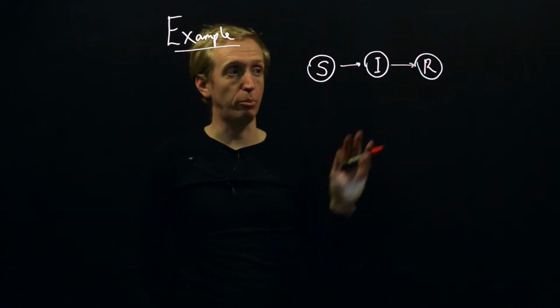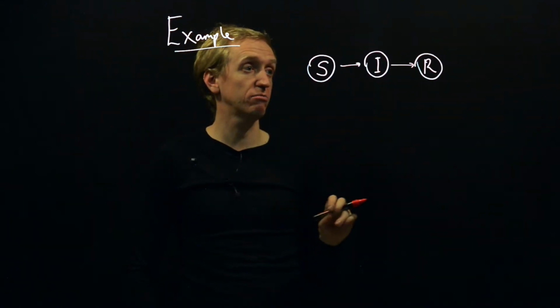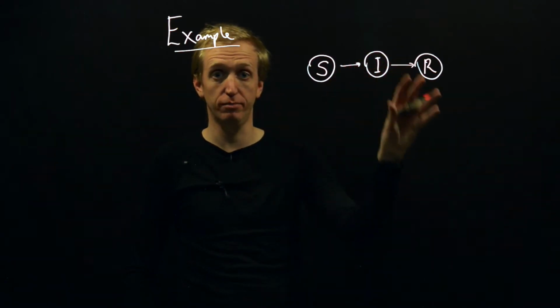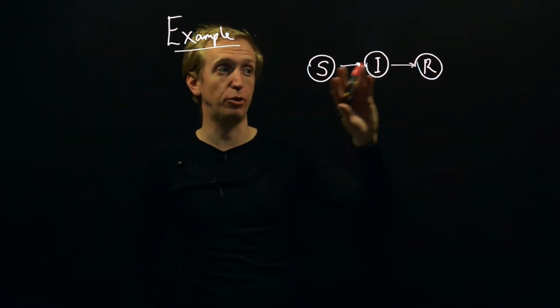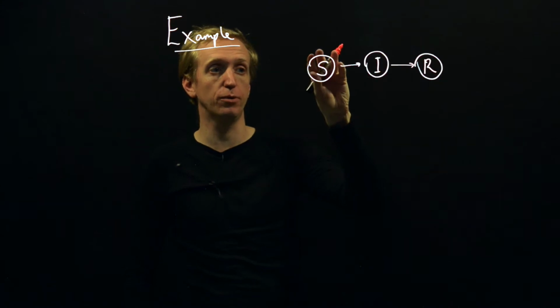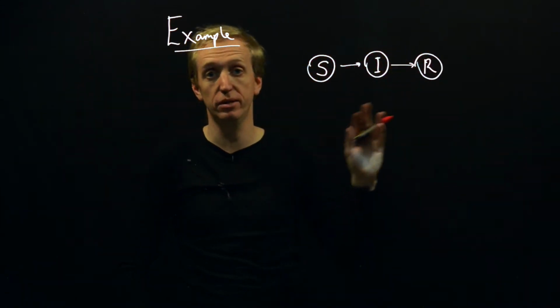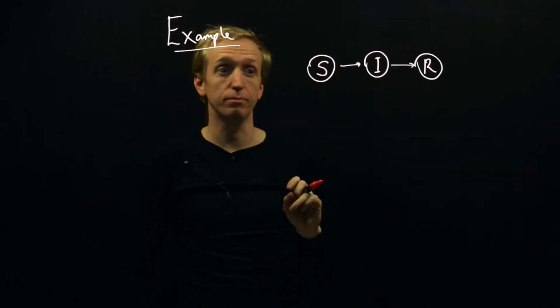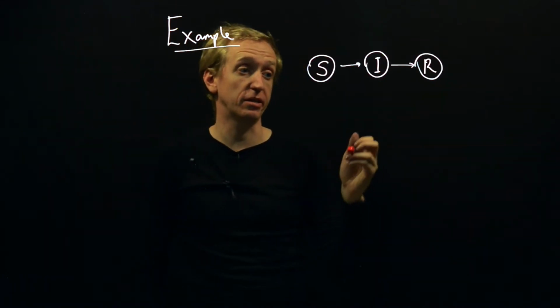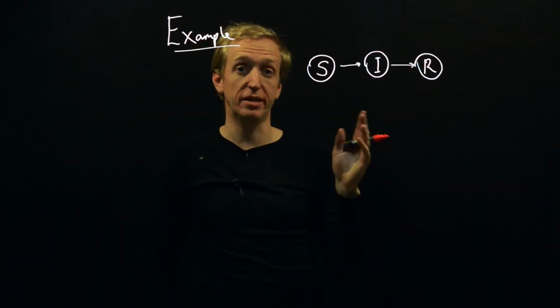Probably the simplest and most famous model that tries to capture the dynamics of this spread of disease, transferring people from susceptible to infectious to recovered, is the SIR model. The SIR model is a set of three equations.